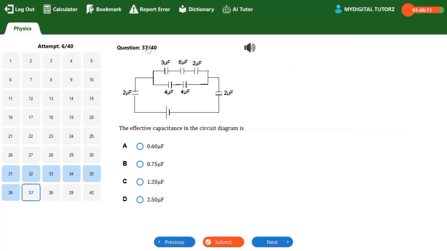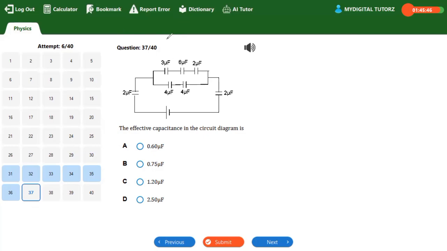So in order to achieve this, you have to remember this concept: when capacitances are in parallel and when they are in series. When capacitors are in parallel, the total capacitance is the direct summation. When they are in series, it is a reciprocal.